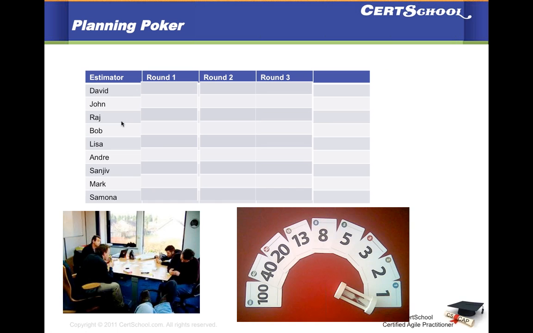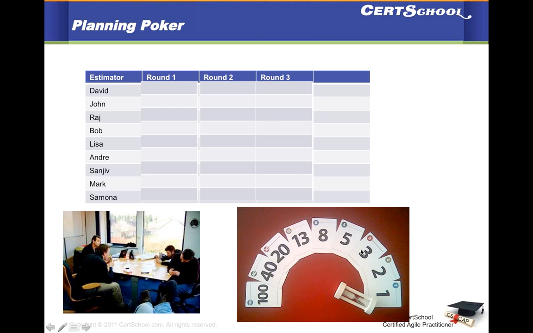There are many other advantages of playing planning poker, which I'll tell you as I go along. I want to demonstrate this with this example. Let's say we have these many estimators. It is a very inflated example. Usually you don't have so many estimators; it ranges from 3 to 5 in a well-formed agile team. But let's say for this example's sake that you have all these estimators.